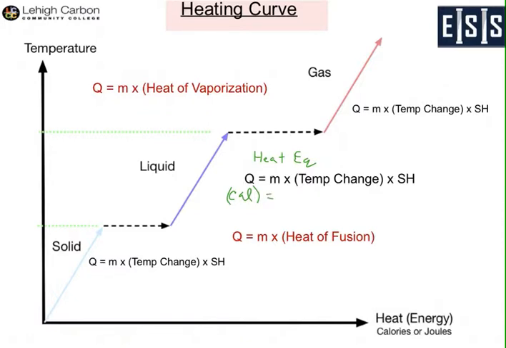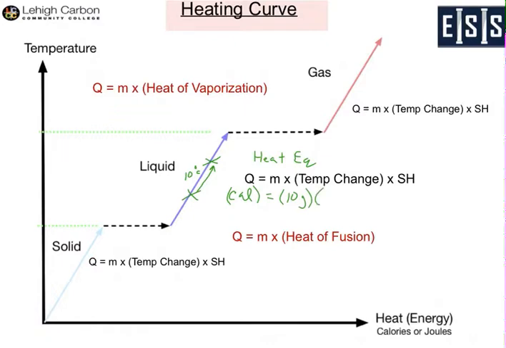The heat needed can be calculated. Let's take the example of taking some liquid water and raising it 10 degrees centigrade, or Celsius. Let's say we had 10 grams of water.